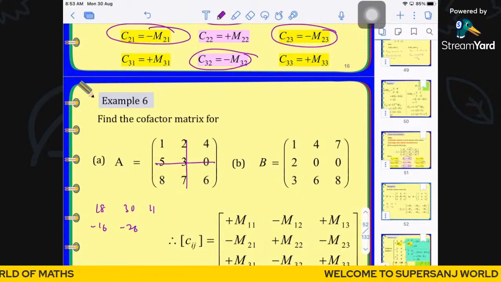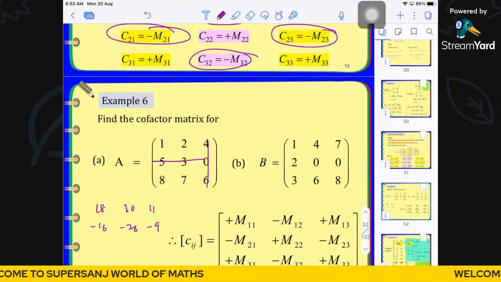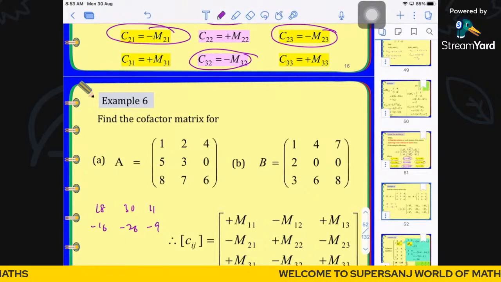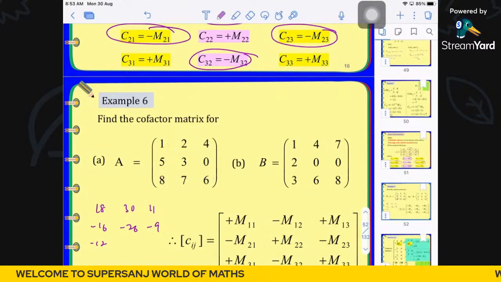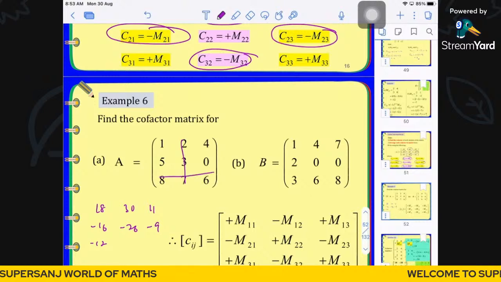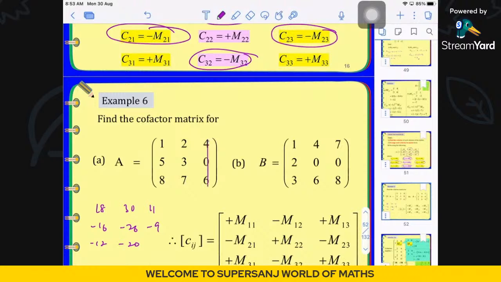And then the next one there, you cancel off 0: 7 minus 16 is negative 9. And then after that, you cancel off the 8. I'm finding all the minors. 0 minus 12, so negative 12. Here 0 minus 20, negative 20. And the last one, 3 minus 10, so negative 7.